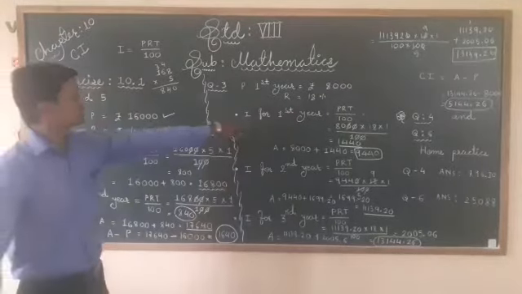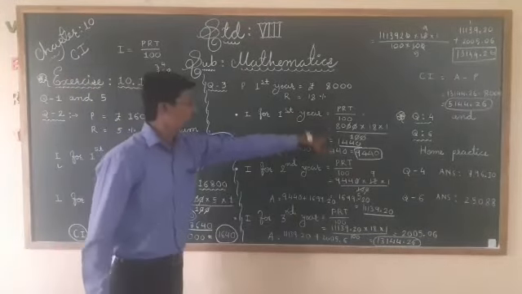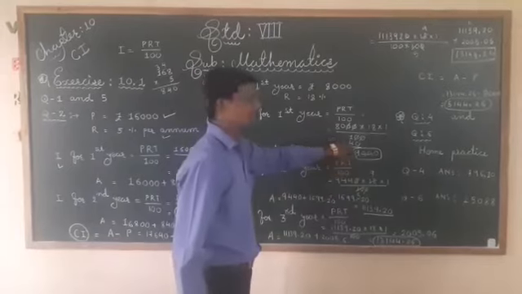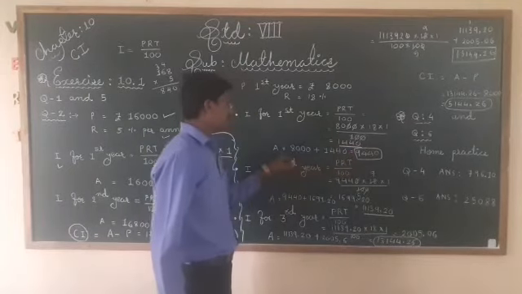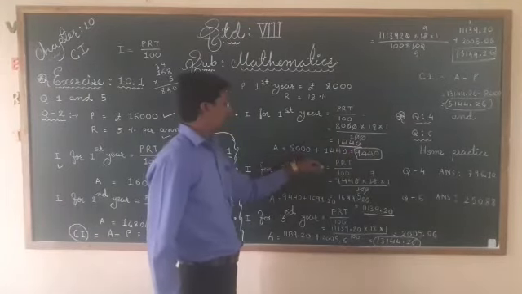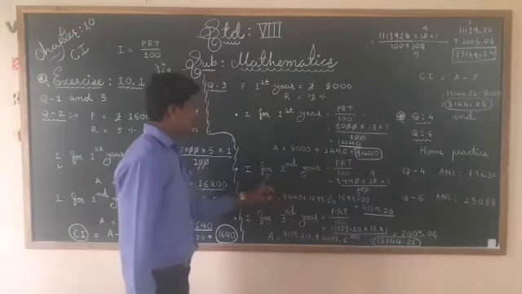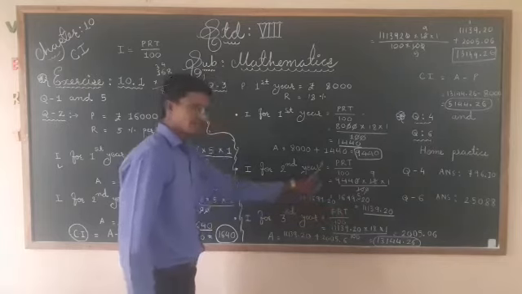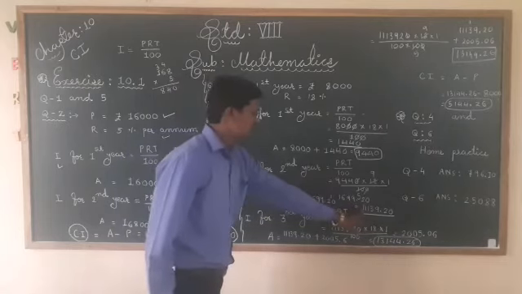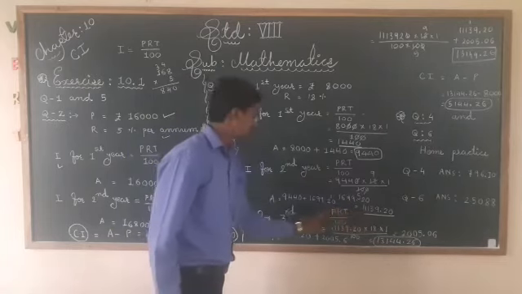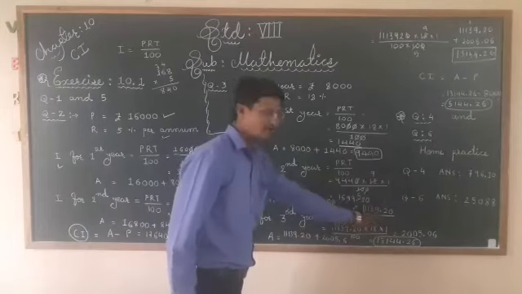So my dear student, the first year interest we found is 1,440. Then the amount at the end of the first year is 9,440. For the second year, with the same formula and method, you get 11,139. That is the amount for the second year.